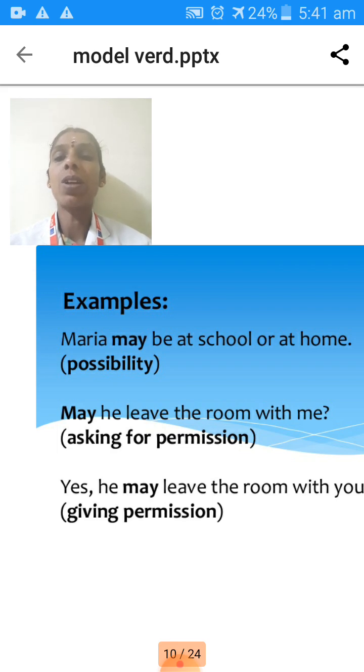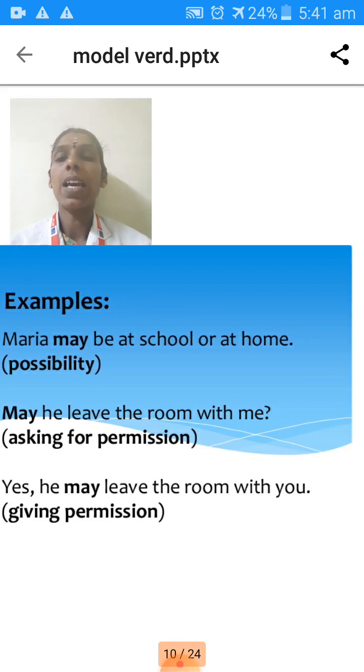May he leave the room with you? Yes, he may leave the room with you. First one is possibility. Second one is asking for permission. Third one is giving permission.